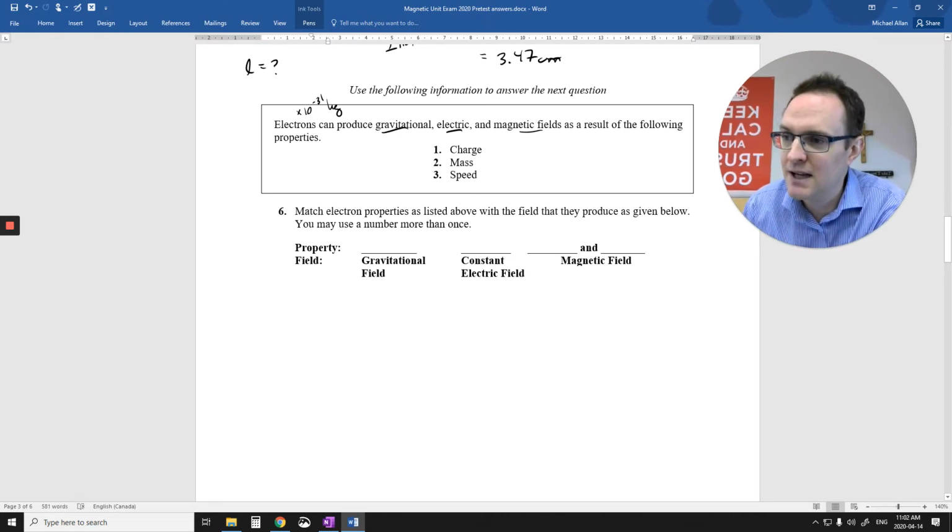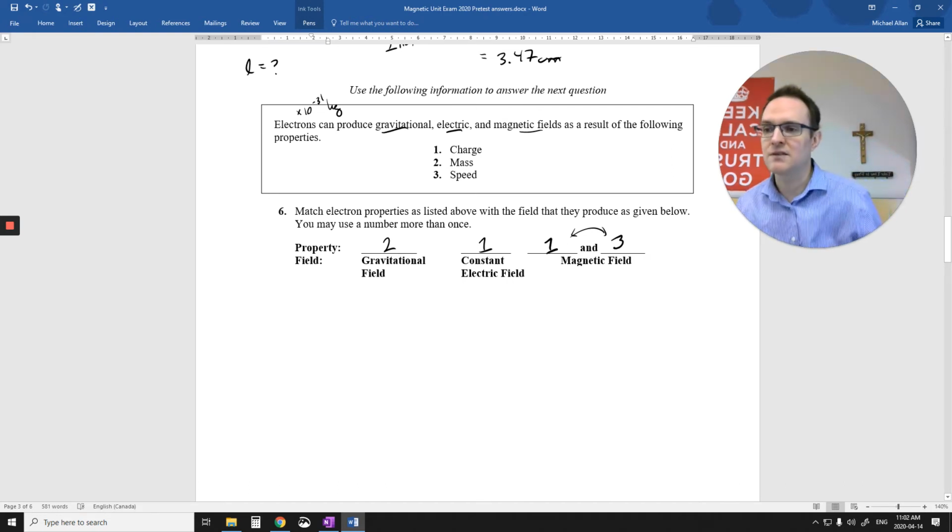So the mass gives a gravitational field, a really small one, but it gives one. A constant electric field would be its charge, like I was saying before. And as long as that charge is moving, so that's why these have to be put together, charge and speed, I can have a magnetic field.